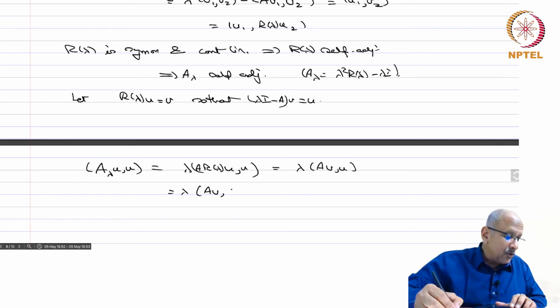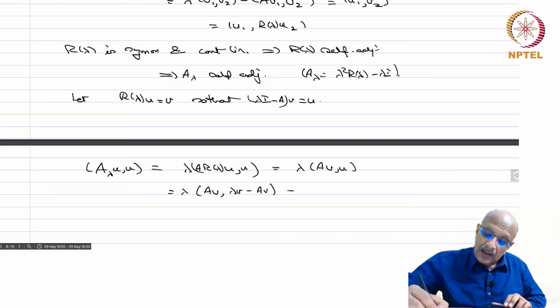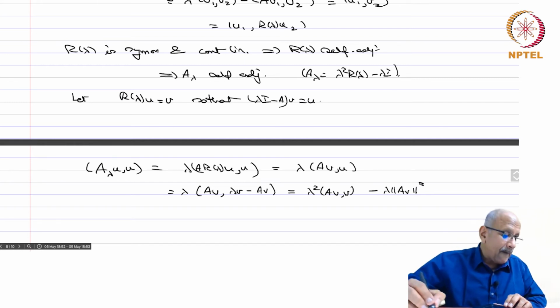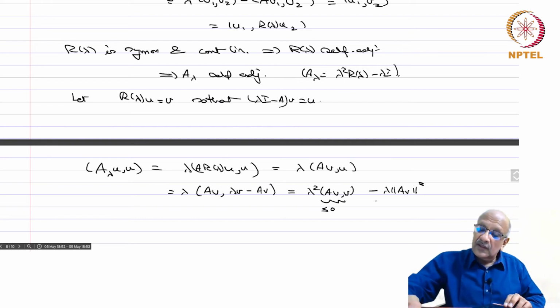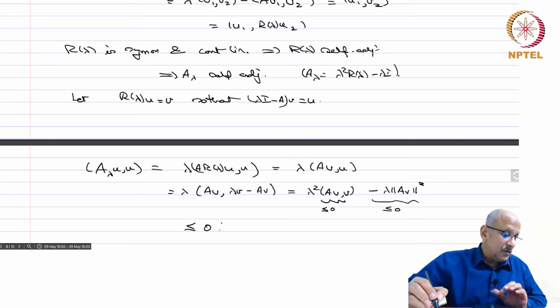Lambda u minus lambda V minus AV, and that is equal to lambda square AV, V minus lambda norm AV square. Now AVV is dissipative, so this is less than or equal to 0, and this is also less than or equal to 0. So this is also less than or equal to 0. Okay, so this proves this lemma.